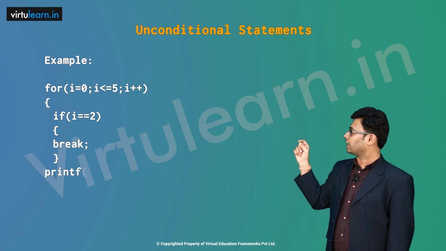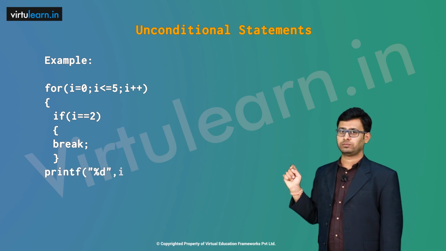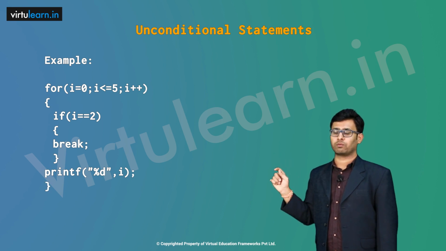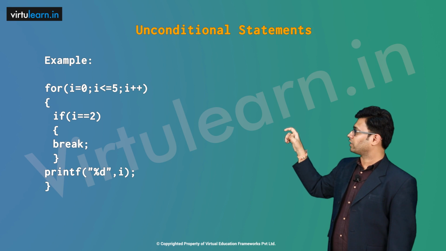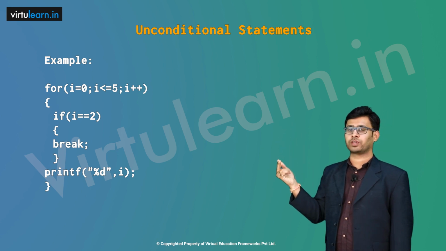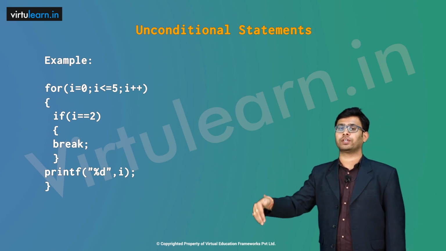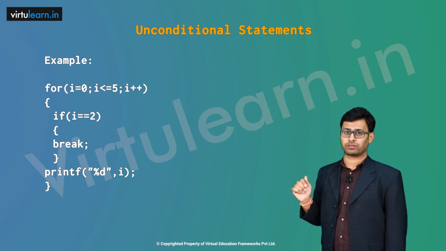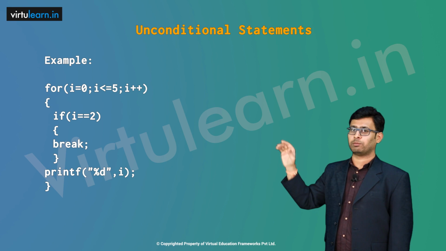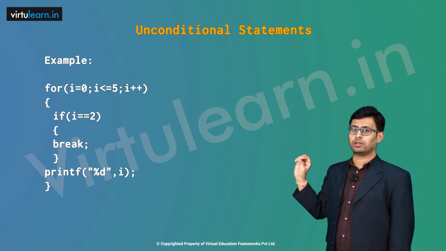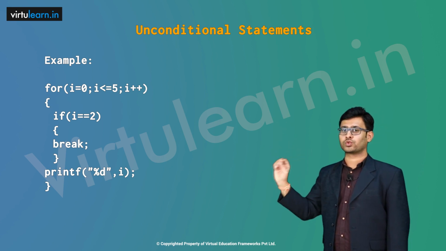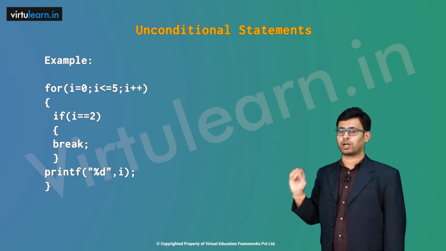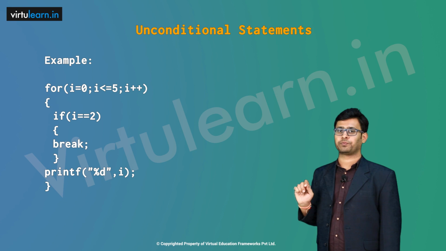Now if i equal to 2, then I am saying break, which means whenever your i value reaches 2, your control will come outside of the loop. It will not execute the remaining statements. We will be practically seeing this. Break is used to come out of the loop or come out of the block.